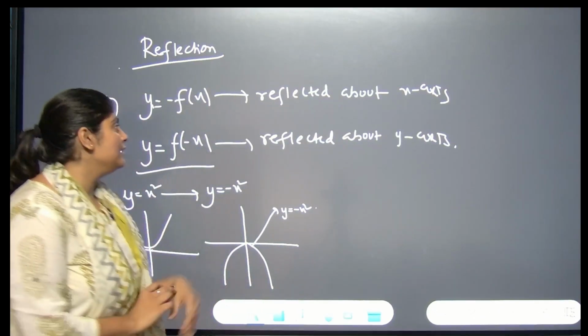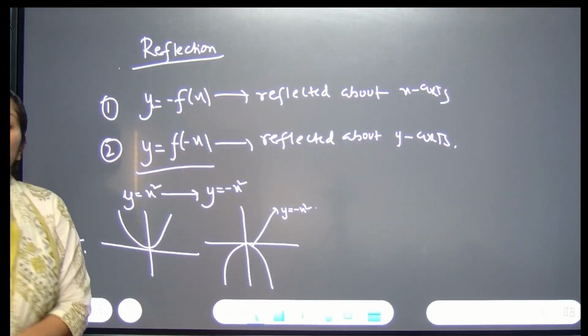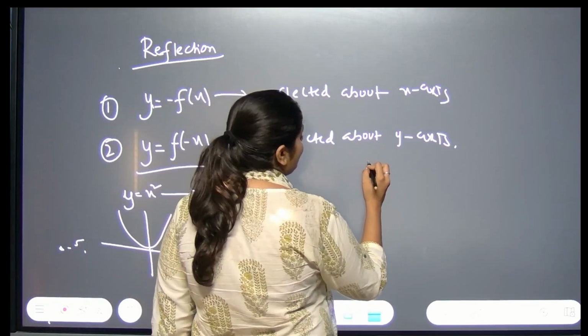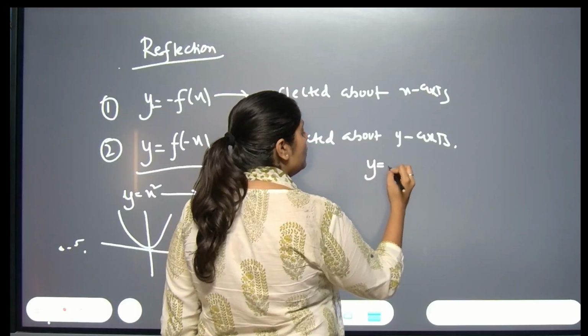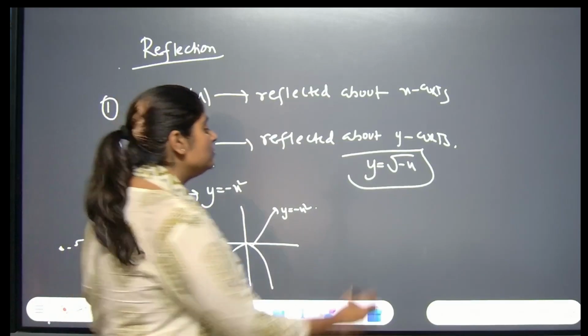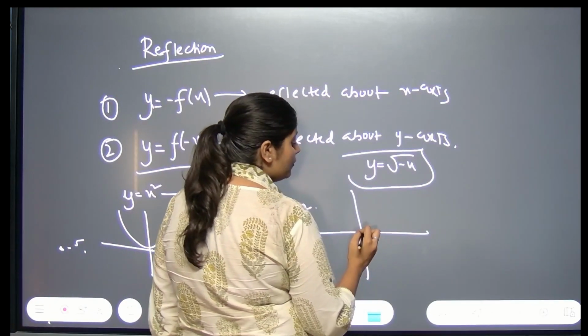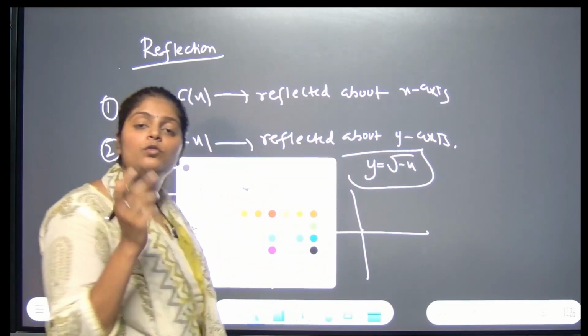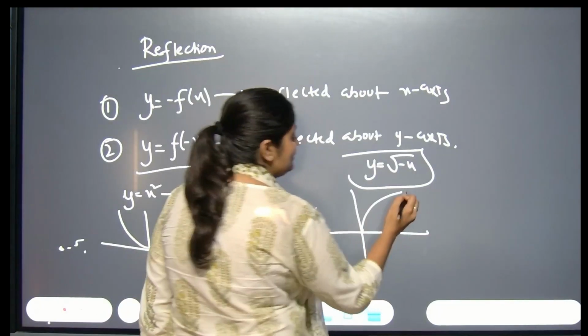Similarly, we'll see an example of the y equals f of minus x type. Now let's take y equals root of minus x. Let's make this graph. As we know, the graph of y equals root x, the original graph, is like this.